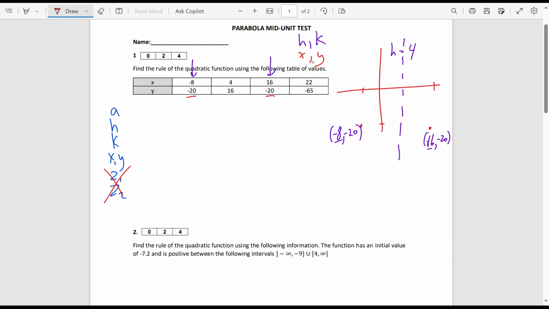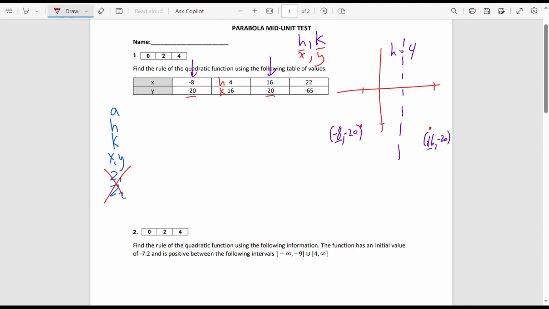The k is the y value of the vertex. So I also know that those two are always paired together. So if I found h is 4, and this is telling me that the point 4 and 16 exists on this function, then that makes this guy h and that guy k.